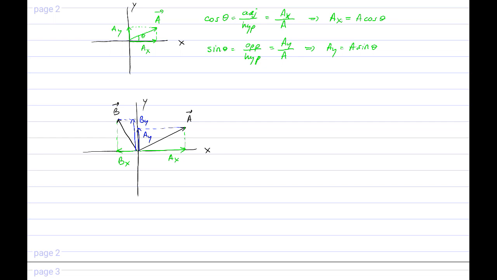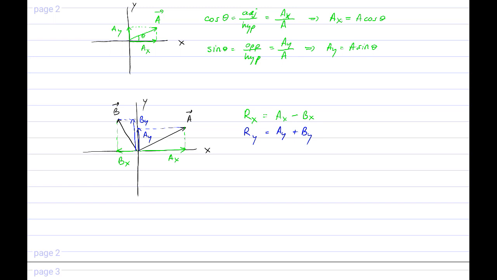So if I look in the x direction, I see that A x points towards the positive x-axis, whereas B x points towards the negative. So the resultant in the x direction is going to be A x minus B x, and the resultant, the sum, in the y direction is going to be A y plus B y, because they're both pointing in the positive y direction.